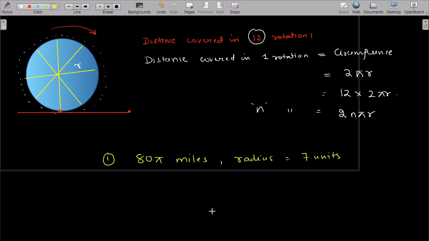So we have to find out in how many rotations it will cover this much distance. In how many rotations it will cover this much distance, 80 pi miles.